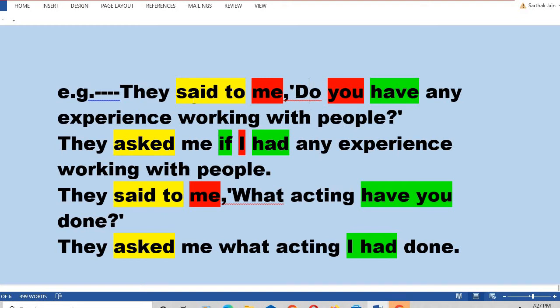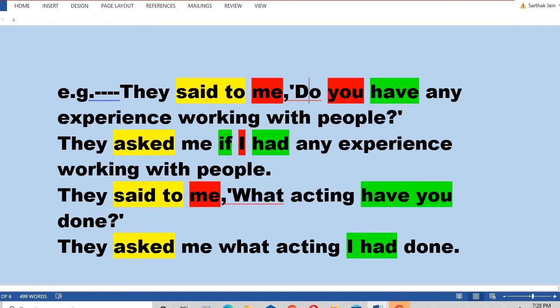For example, they said to me, do you have any experience working with people? Now see the indirect version. They asked me if I had an experience working with people. Now see, I have highlighted accordingly, like said to converted into asked, me convert into me, okay, you convert into I. Why?